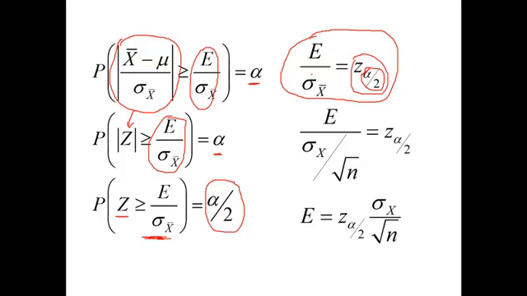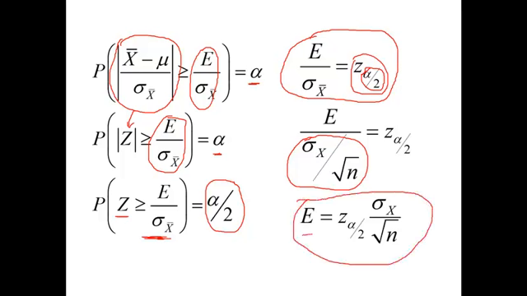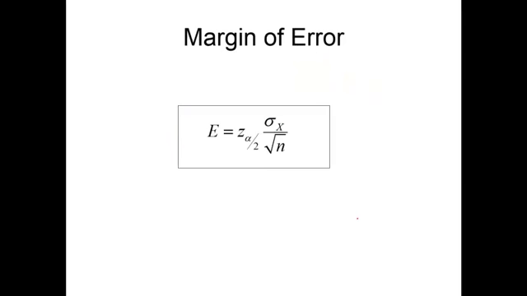Okay, so I take this guy and I say, okay, my sigma x bar is actually sigma sub x divided by the square root of n, and then I multiply both sides by that, and so what do I have here? I have a formula for my margin of error. Okay, let's take a look at it. What is my margin of error?